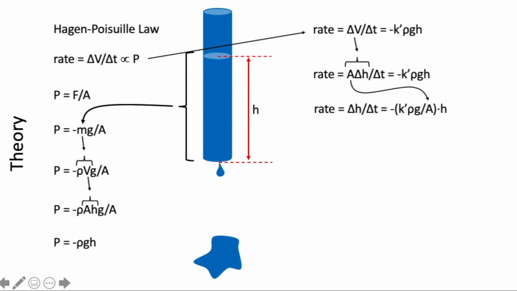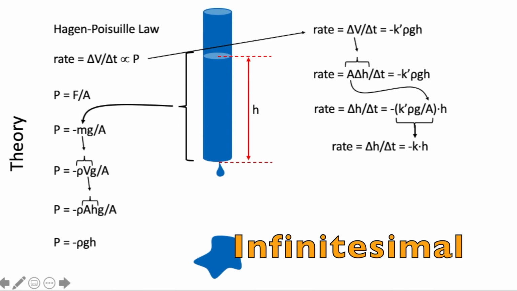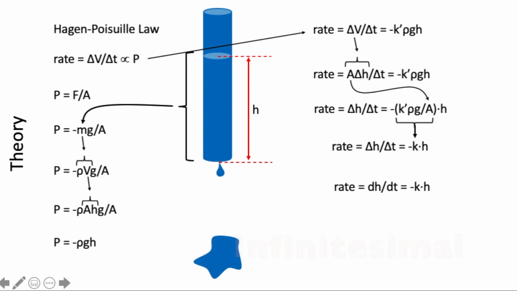Moving A to the other side of the equation shows that rate is simply minus a collection of things that are constant times h. Defining a new constant k yields a simple expression for the rate. Making the time interval infinitesimal yields the instantaneous rate law. Look at that. After all that algebra, we find the system obeys a first-order rate law.